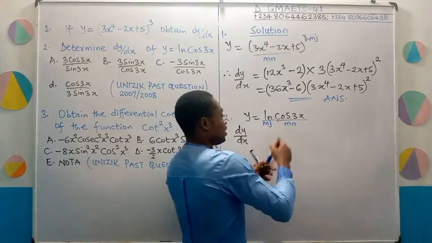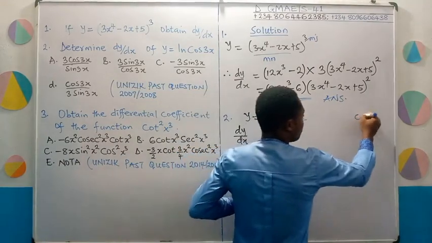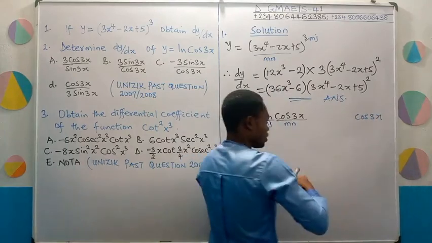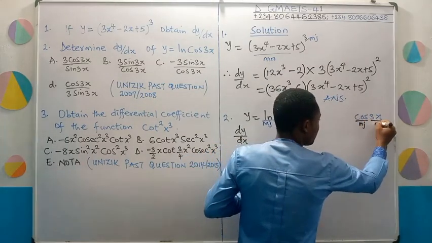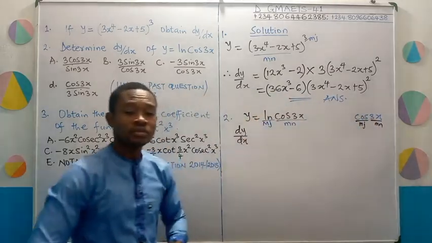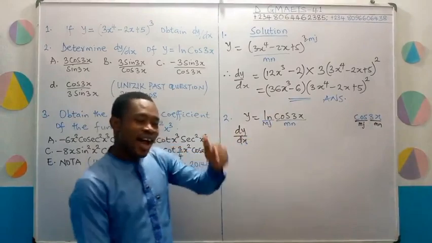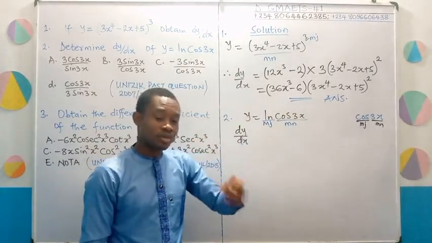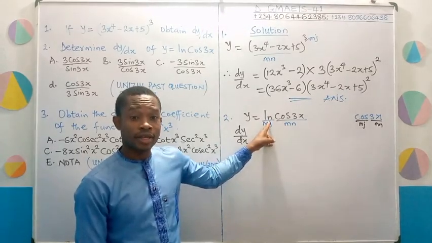So coming over to this, I'm going to take this cos 3x. In fact, let me pull it out here. Cos 3x: cos is the major of that function and 3x is the minor of that function. So all in all, we have 2 minors, 2 majors. This is the overall major, ln.